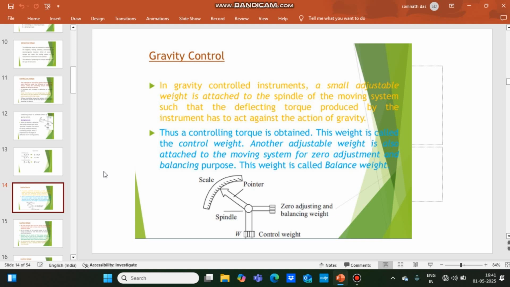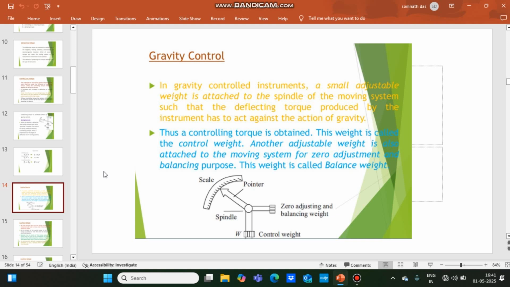For gravity control, there are two weights which are attached to the moving system. One thing you must note, for gravity control, the instruments must be placed vertically. It does not work properly if it is placed horizontally. Two weights are attached to the pointer.